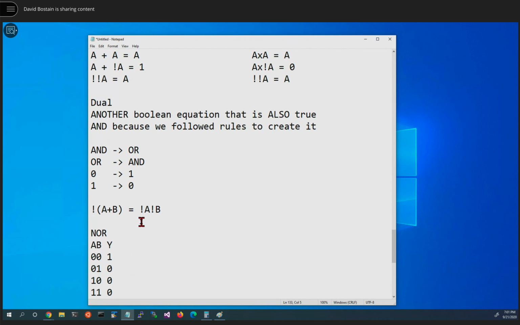Now, if you look at this, this says if both of the variables are inverted, give me a true. That's only on this line that could possibly happen, and it's a true. So these two are equivalent.